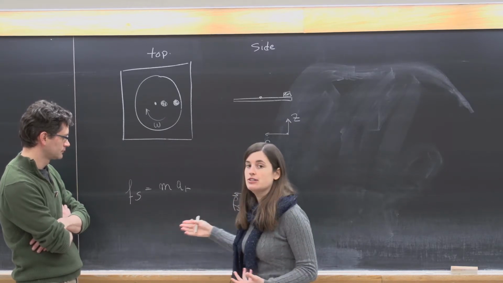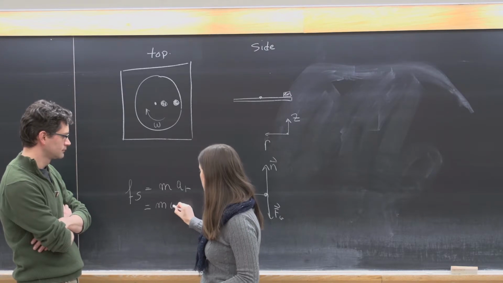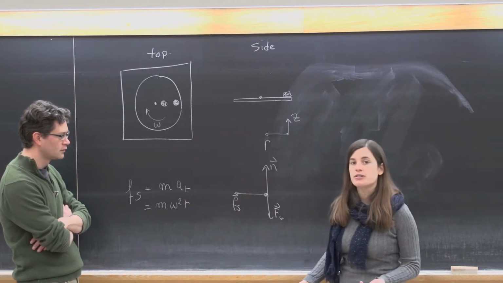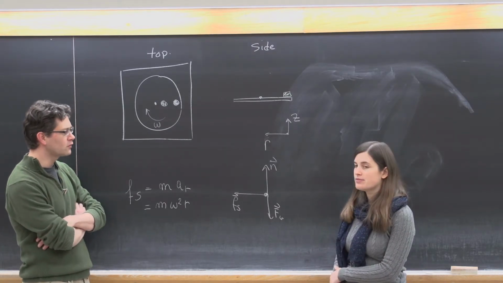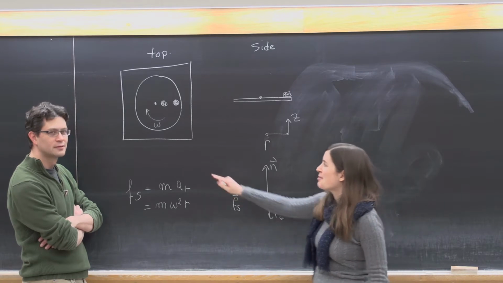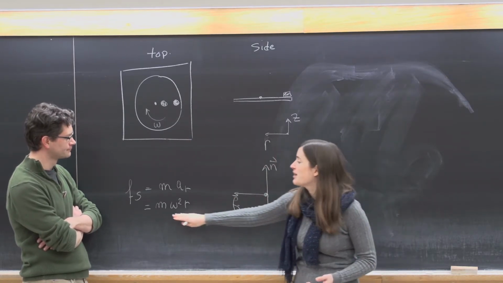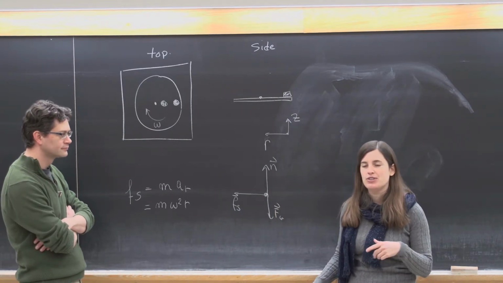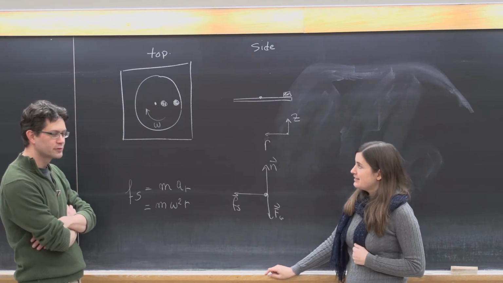Now, I know that the centripetal acceleration is equal to omega squared times r. Wait, I prefer to use v squared over r. Well, here in this problem, omega is constant, so it's easier to use omega squared times r rather than v squared over r.